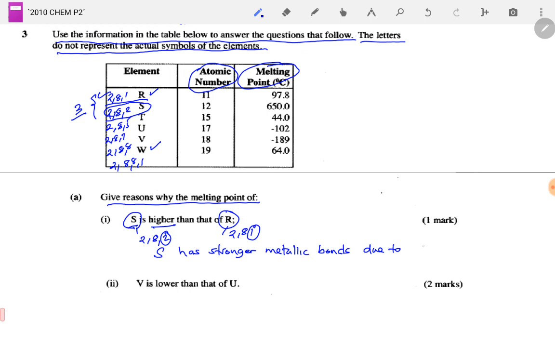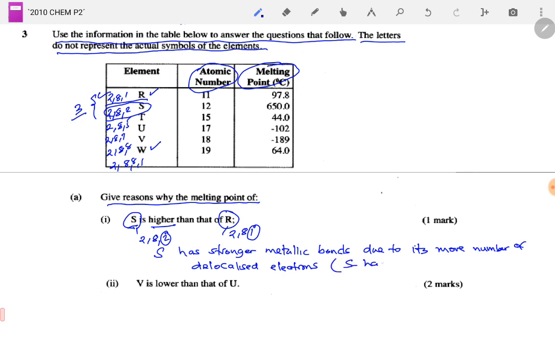Due to its more number of delocalized electrons. So the number of delocalized electrons is more.